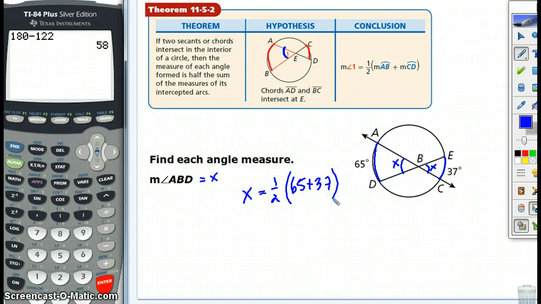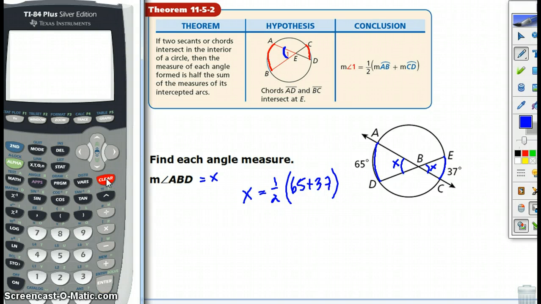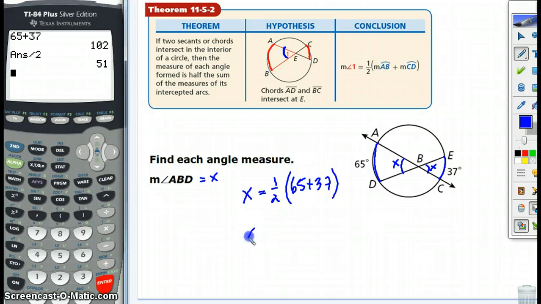We'll type that in: 65 plus 37, enter, divided by 2, 51. So X is 51 degrees.